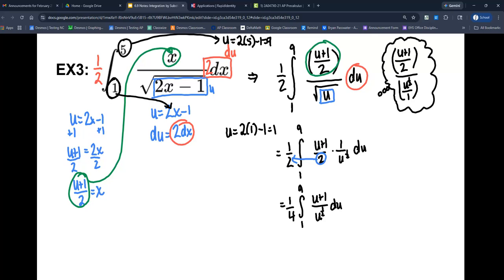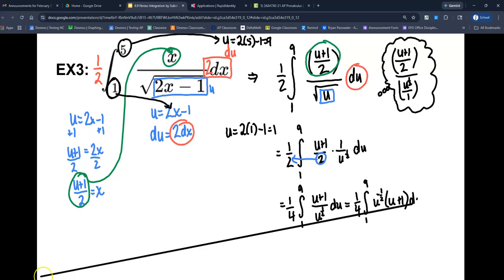I still can't integrate this. What could I do to get it where I could just use the power rule? I can move it up. So that's going to be 1/4 integral from 1 to 9 of u to the negative 1/2 times u plus 1. And then what can I do with that u to the negative 1/2? Distribute it.